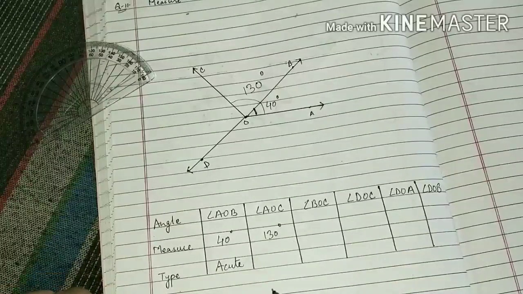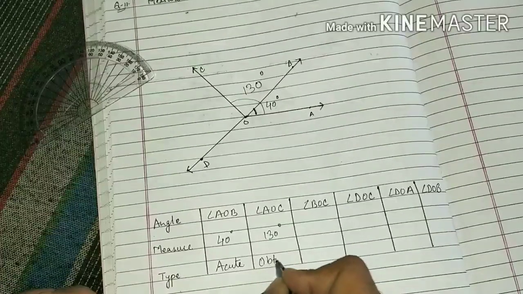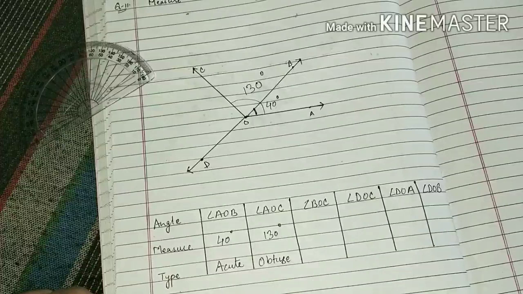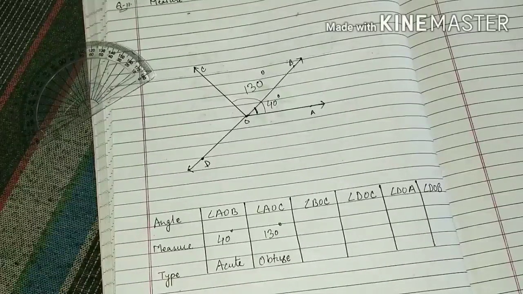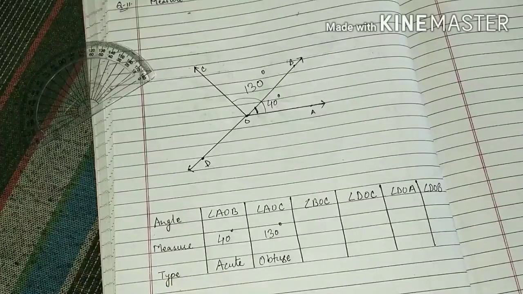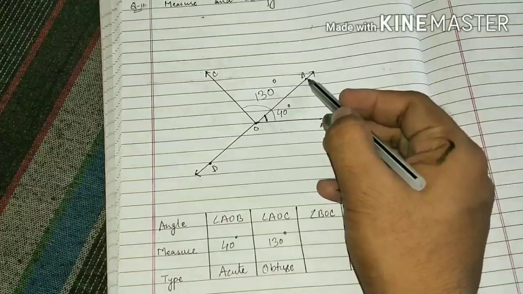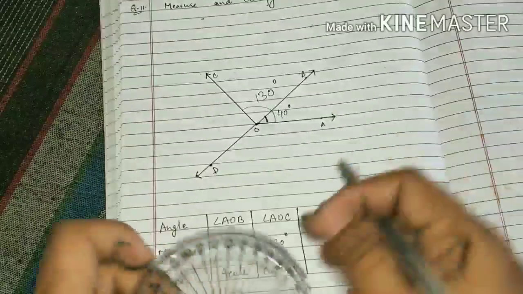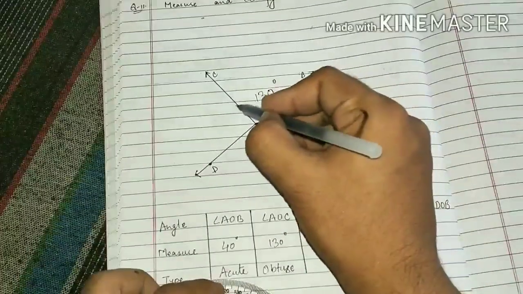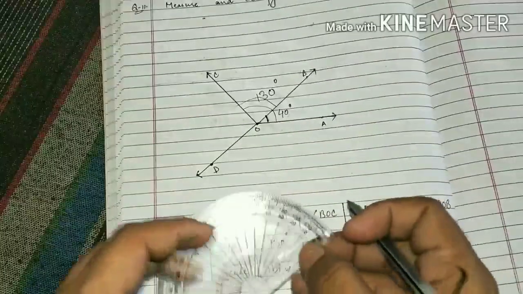So what type of angle it is? It is obtuse angle. Why? Because it is greater than 90 degree but it is less than 180 degree. Okay. Now we have to measure angle BOC. Angle BOC is this one. Now what we have to do?